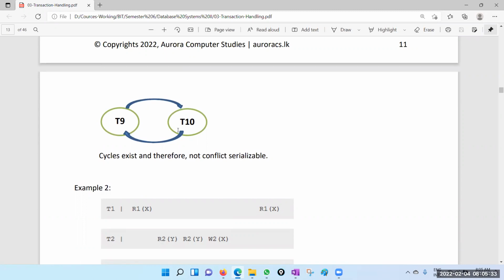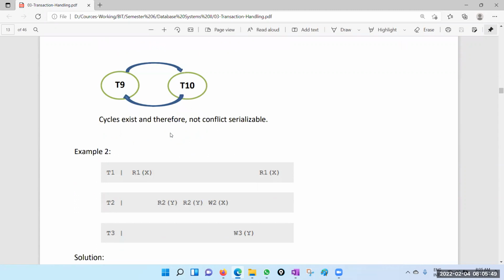Likewise, you again keep looking for index 0 until you exhaust them. Then that is one of the possible serial schedules. You may end up with 2 or 3 or multiple possible serial schedules as well. But as long as it is equivalent to at least one serial schedule, it is conflict serializable.